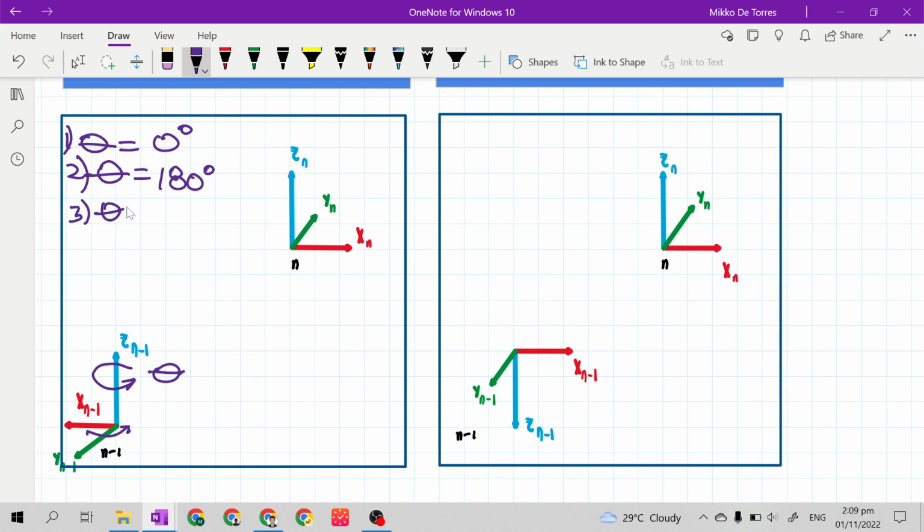Example 3. Let's say we have here theta 1, because in this example this is a revolute joint, and this frame n is also located at a revolute joint.